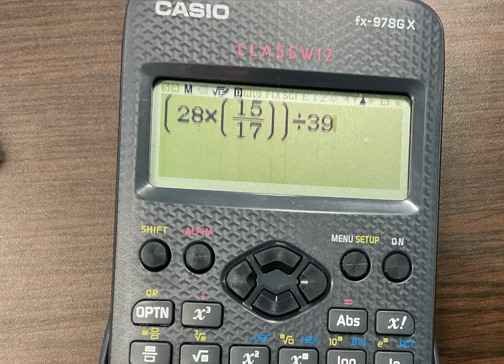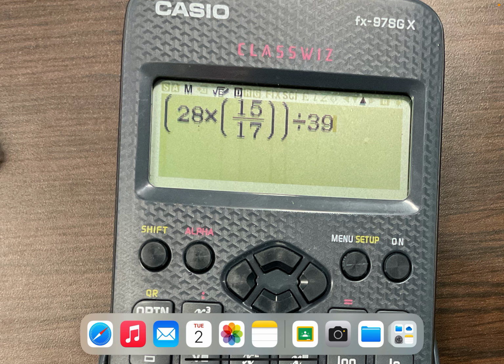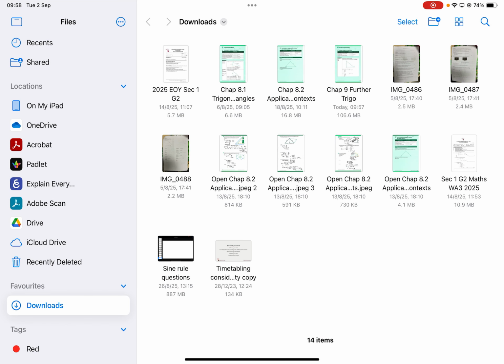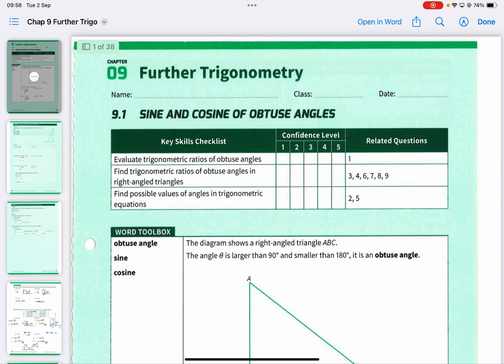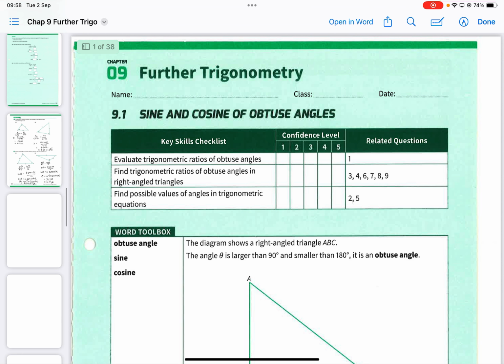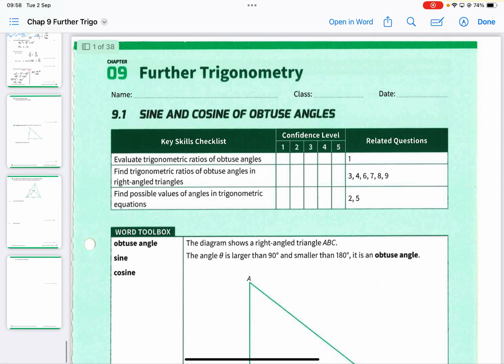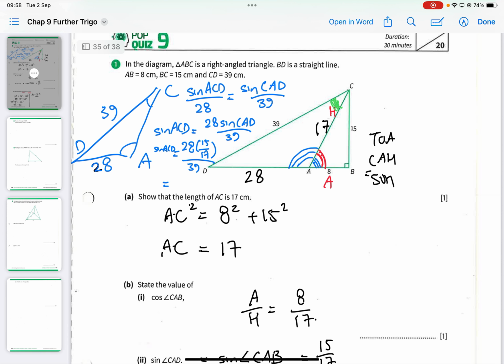Sine CAD itself is a fraction. So 28 multiply this fraction over 39. It is the same as divided by 39. I key in this, then my calculator will tell me it is 140 over 221. So it is all numbers. We don't need to find back the angle.